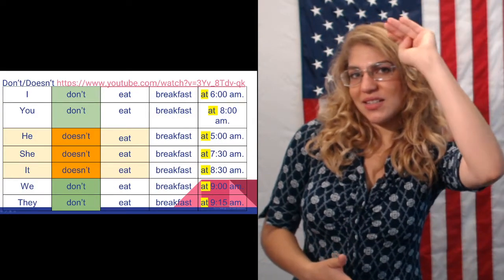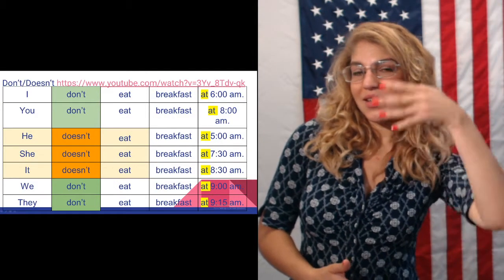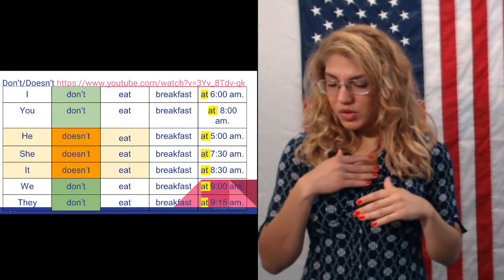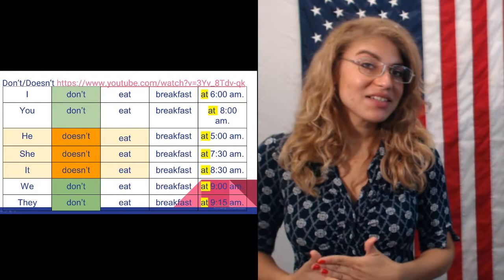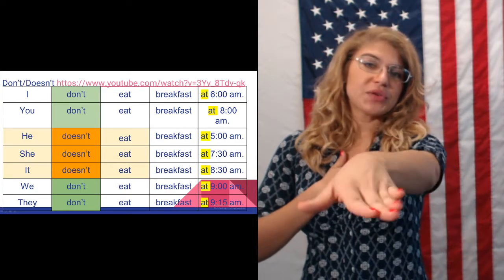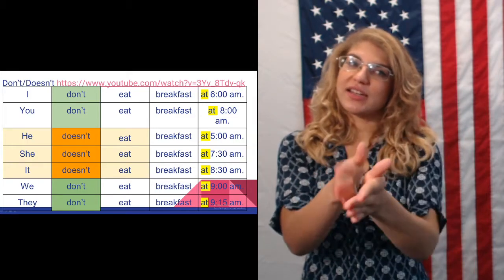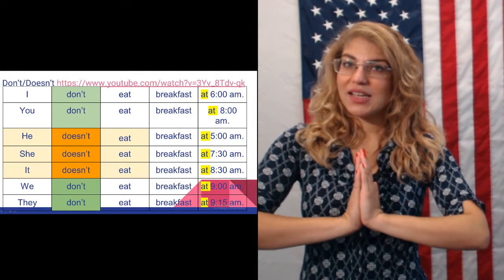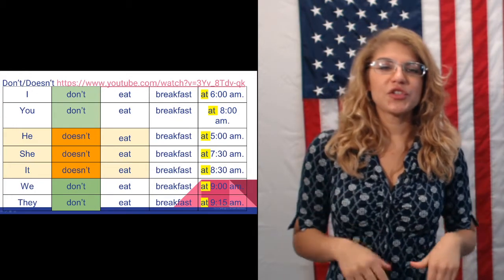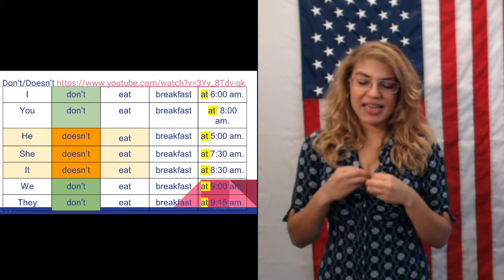It is eat for all. When you have the negative, you will change the auxiliary. So I don't, you don't, but he, she, and it doesn't. But your verb is the same. Let's return to our quiz and see that the answer is she doesn't go. Let's look at question number 4.